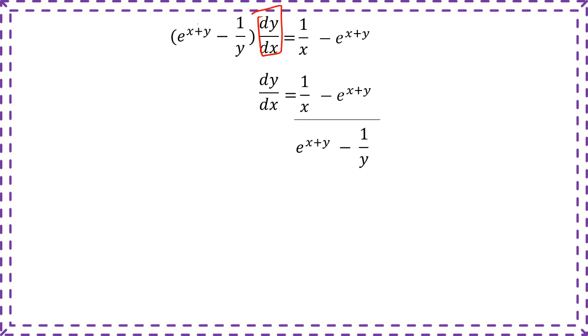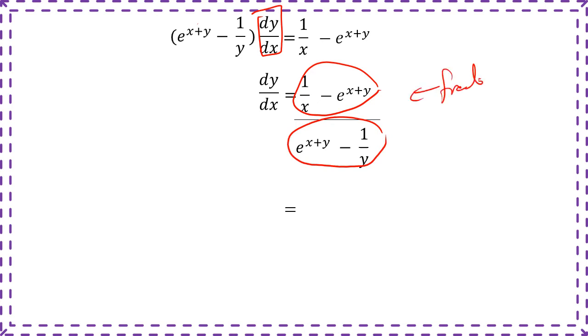So is this the final answer? Yeah. What do you think? Actually, we can find the common denominator for the numerator and also for the denominator. Why? Because it's actually a fraction over a fraction. So it's not the simplest form.